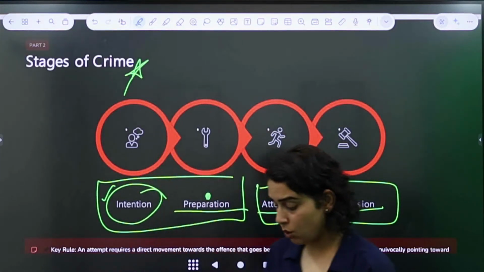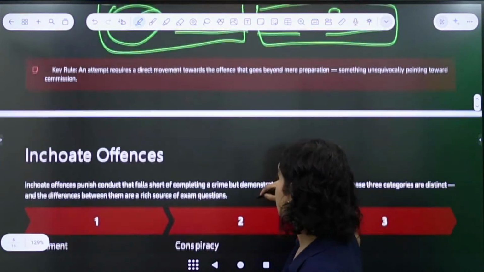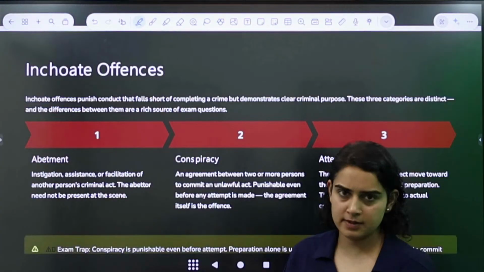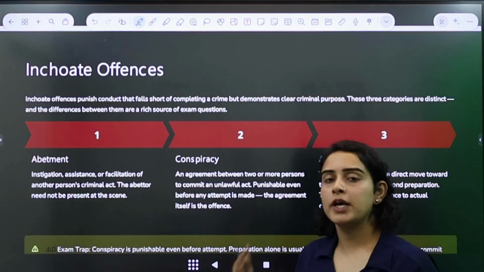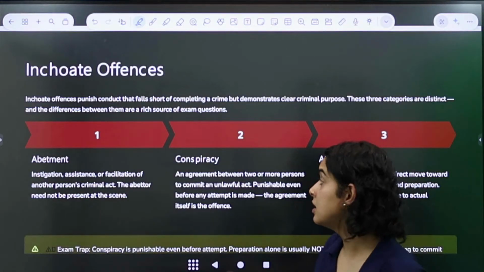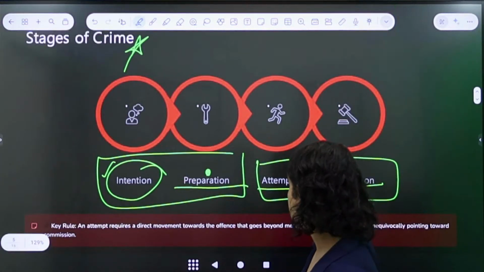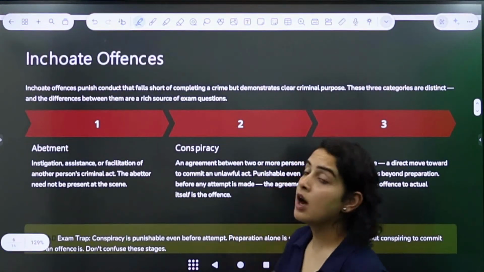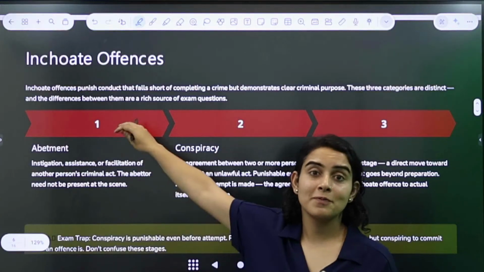So that is called an inchoate offense, where the commission of the crime could not take place due to any reason. But criminal law in India also punishes such inchoate offenses, which means if you have attempted or you have prepared, even in that case, you are eligible to get punished for the same.